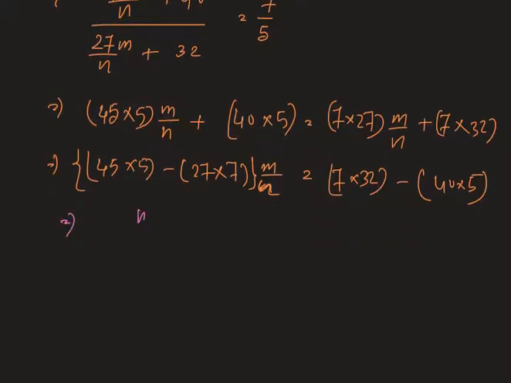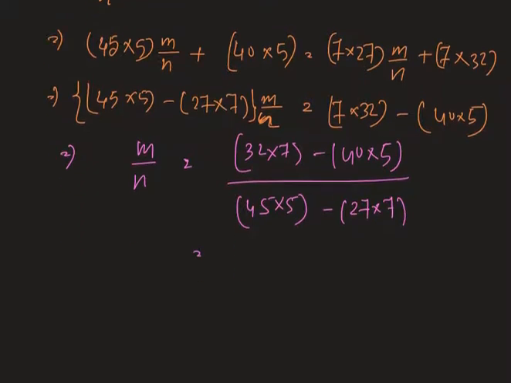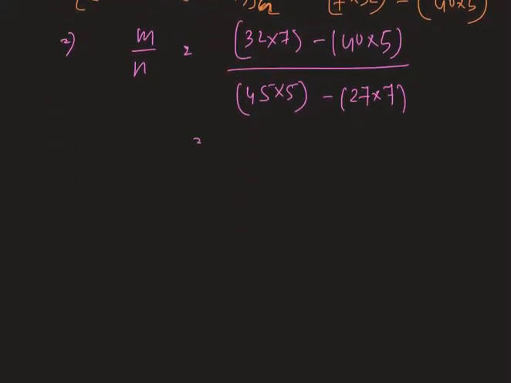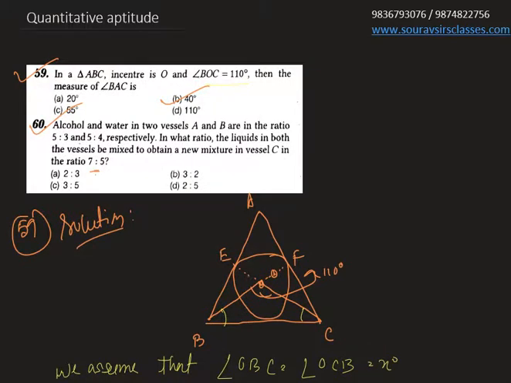Therefore, the value of m by n is equal to (32 into 7 minus 40 into 5) divided by (45 into 5 minus 27 into 7), and after calculation we get 24 divided by 36. Therefore, our required ratio is 2:3. So 2:3 is our required answer.